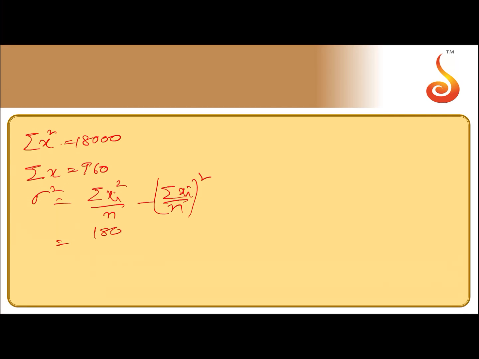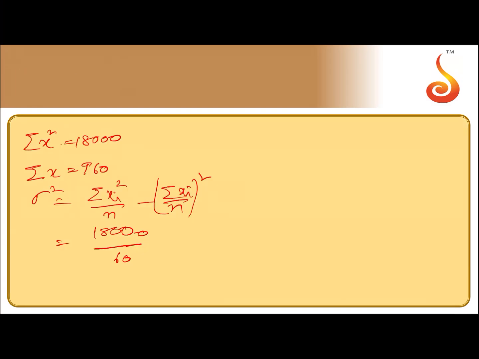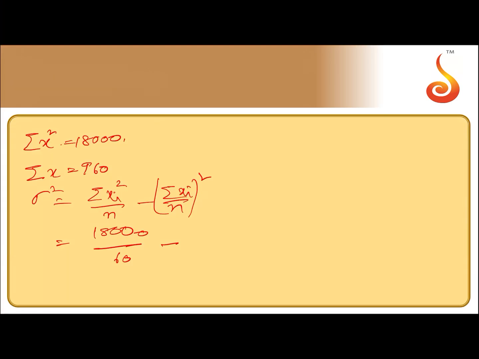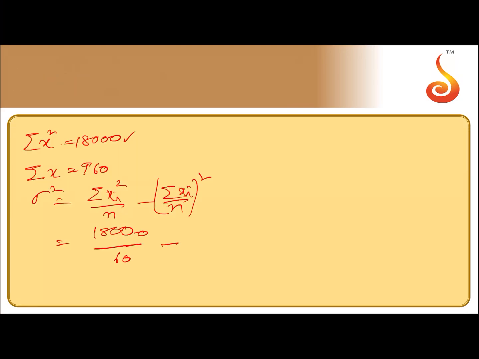That is 18,000 divided by 60, because there are 60 observations, minus 960 divided by 60 whole square.